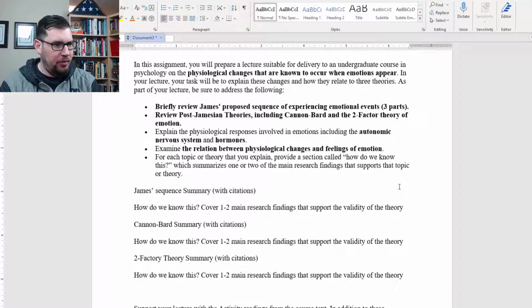And so I'm seeing sort of 6 sections so far.